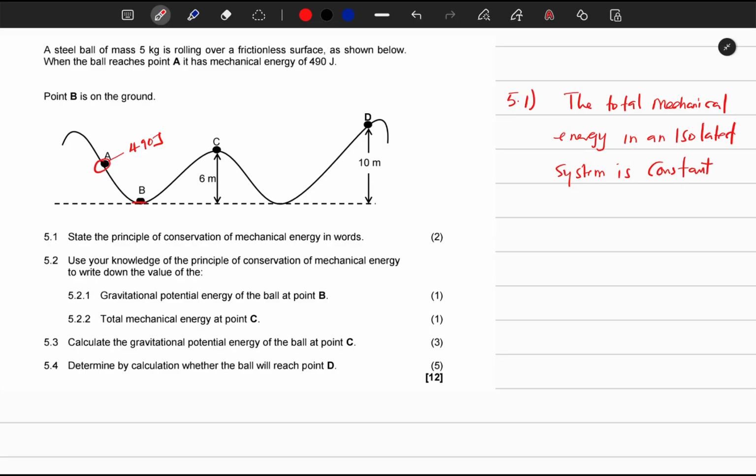That's all. It's the same thing as the conservation of energy: energy cannot be destroyed. But here we're just being specific to mechanical energy.